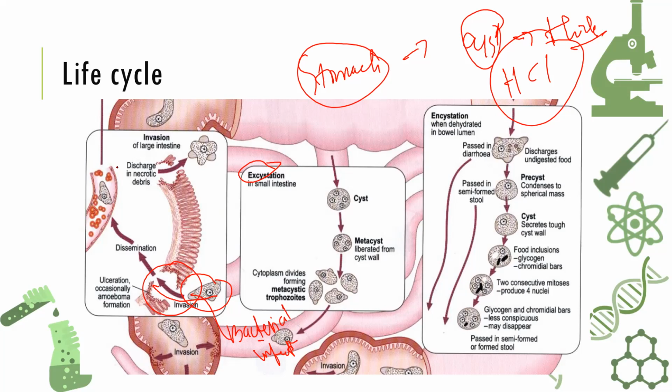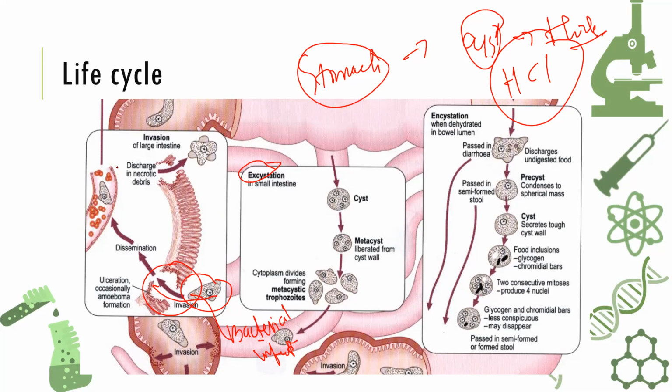Now, once the environment is not suitable for the trophozoites to survive because nakuha niya na yung nutrients. Yung tao, nag-defecate na. Yung tao, nag-LBM na. Then, the environment starts to become dehydrated. Eh, ano yung mechanism nila?